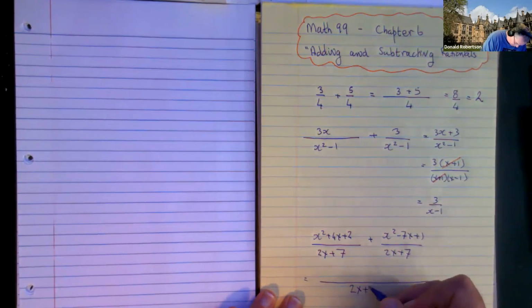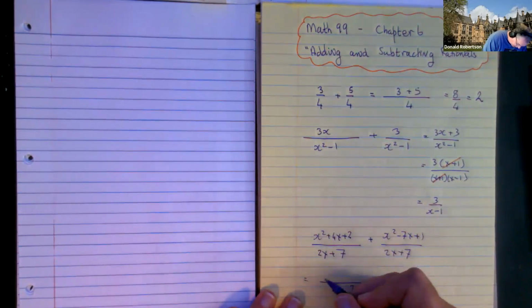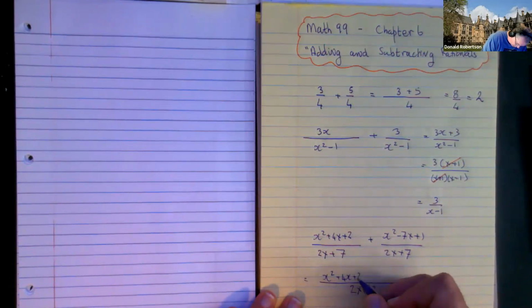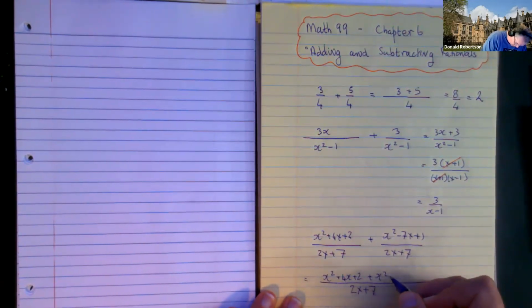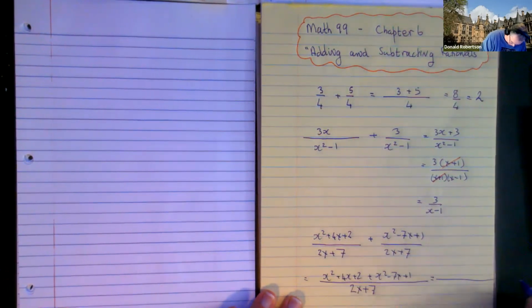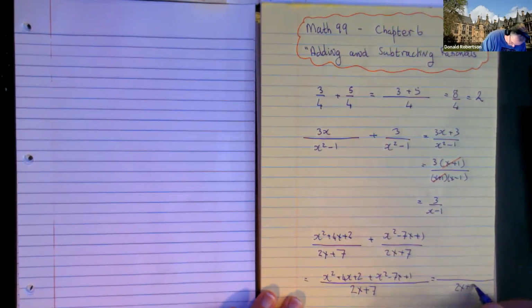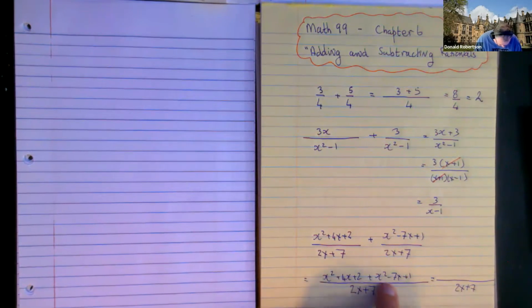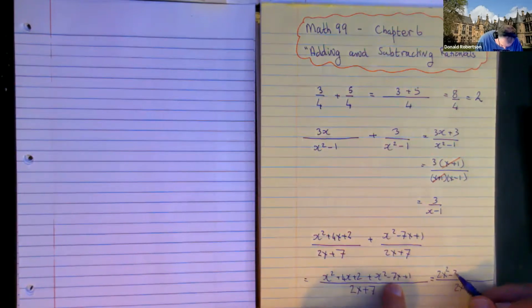And so you can simply, in this case, add all the terms on the numerator together. And if I collect like terms, 1x squared plus 1x squared gets me 2x squared. 4x take away 7 leaves me with negative 3x, and plus 2 plus 1 gets me 3.